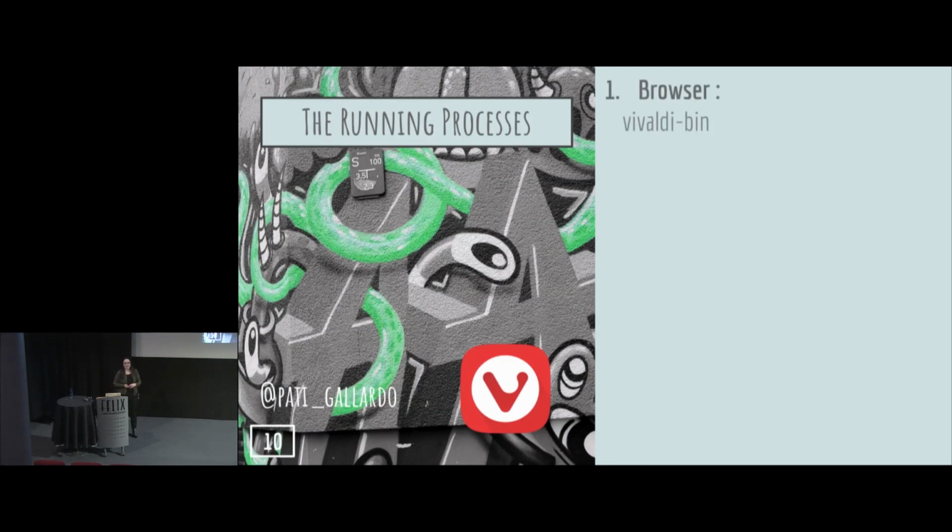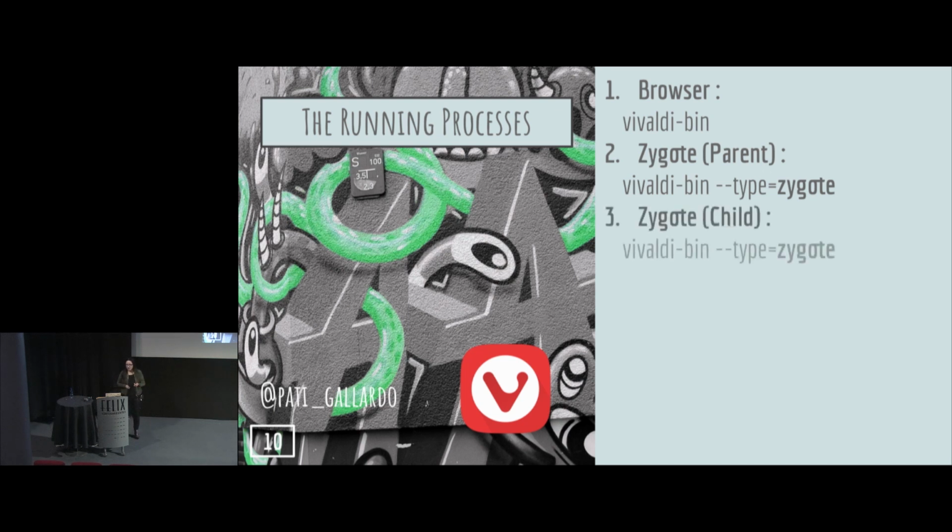When you look at it in top, for example, or in ps, you will see that they generally have lots of arguments, but I'm going to look at one specific one, which is the --type, and that's how you know which process this is. So the Zygote parent process has type zygote, and the child also has type zygote.